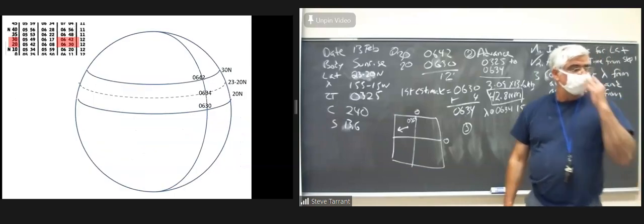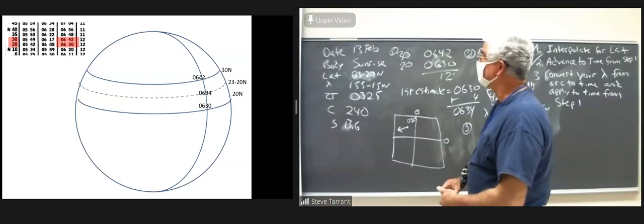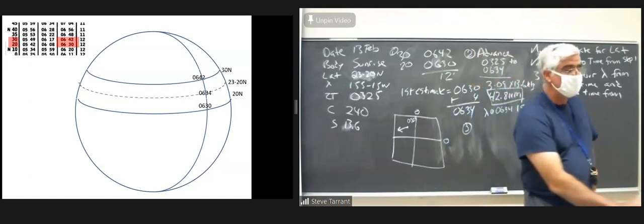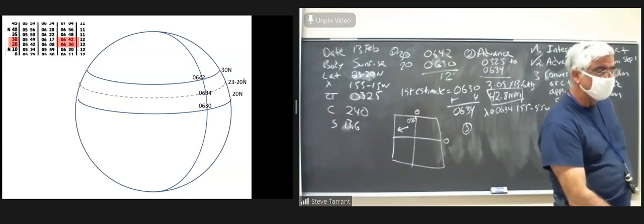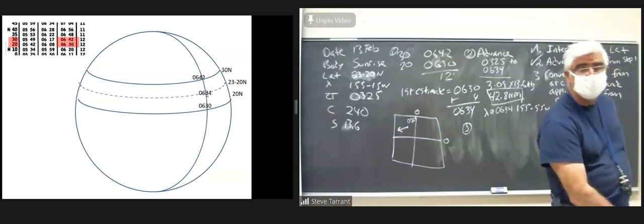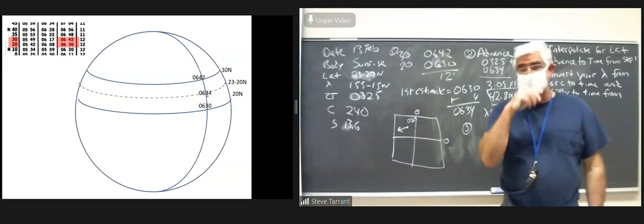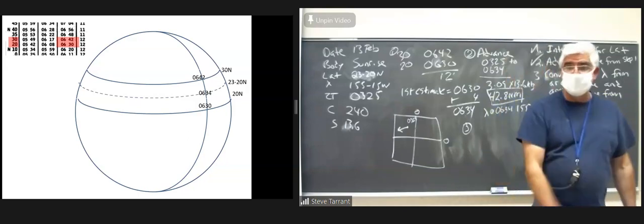All right. So, we're back to this picture. 0630, 0642. For 2320, we were 0634. That's our first estimate. Then we did our advance.